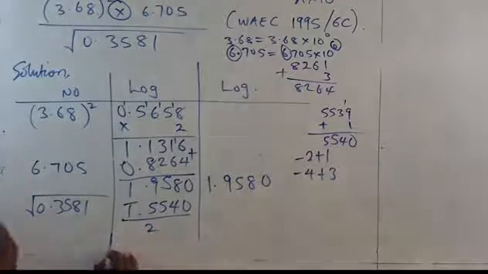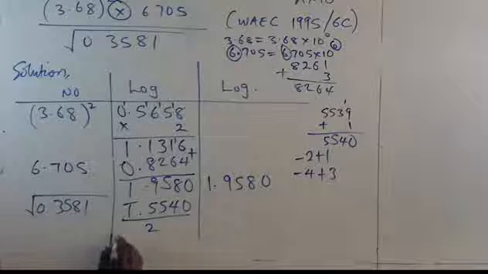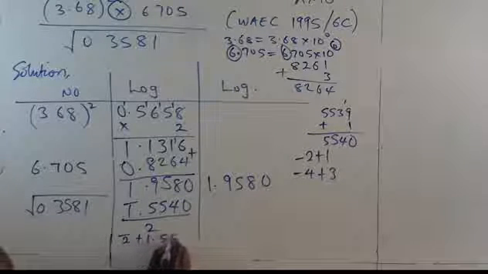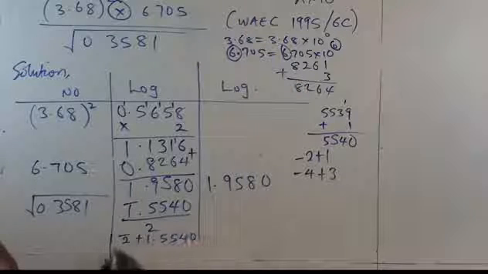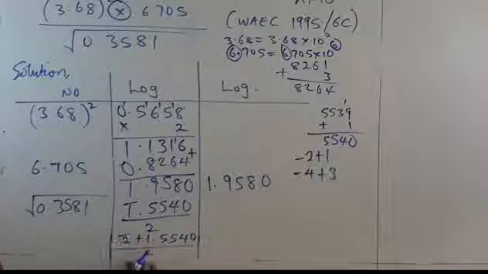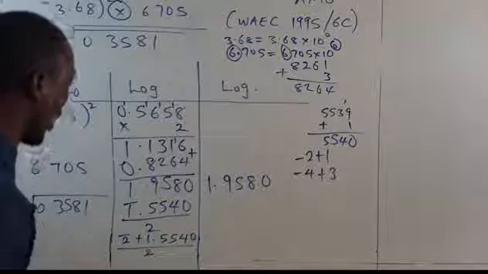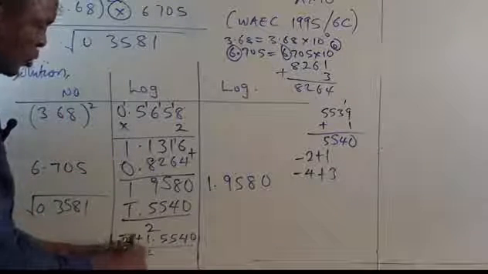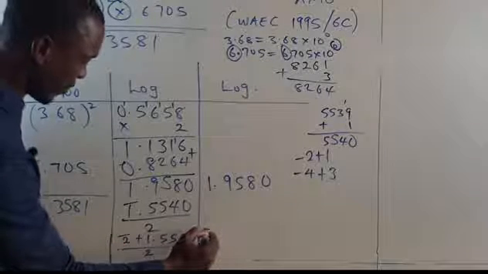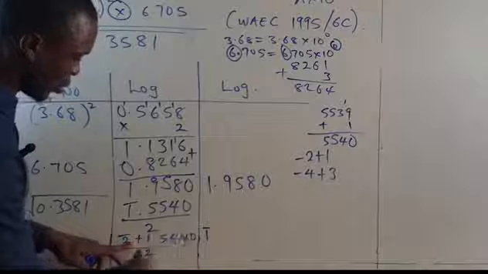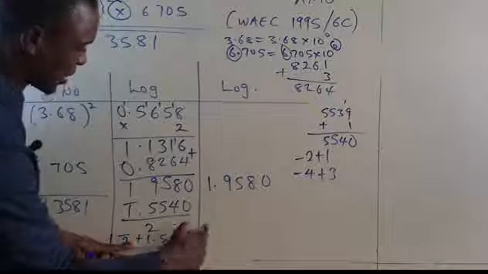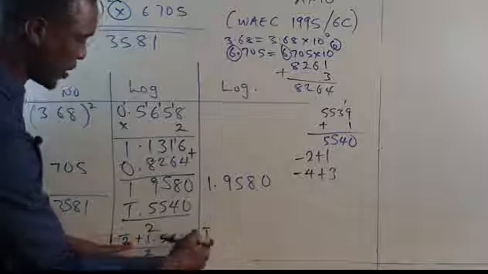So you now replace bar 1 with bar 2 plus 1.5540 all over 2. Dividing this numerator by the denominator, 2 into bar 2 is bar 1, plus 2 into 1 is 0. So we have a 0 there. That is minus 1 plus 0 is minus 1.